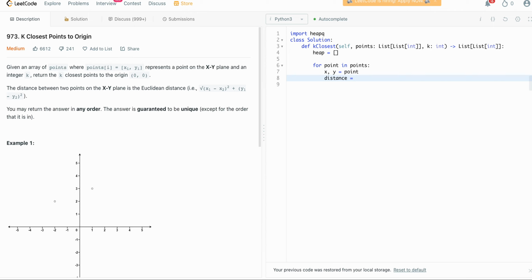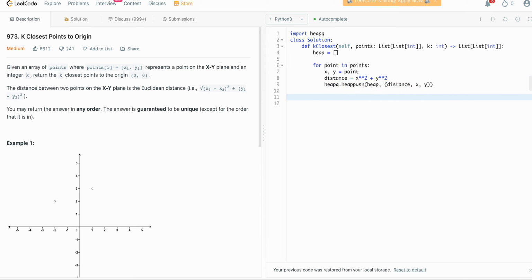So I can just do x squared plus y squared. And then now I'm going to store this, as well as the point xy coordinates, into my min heap. So now I'm going to push the distance, the x value, and the y value to my min heap.